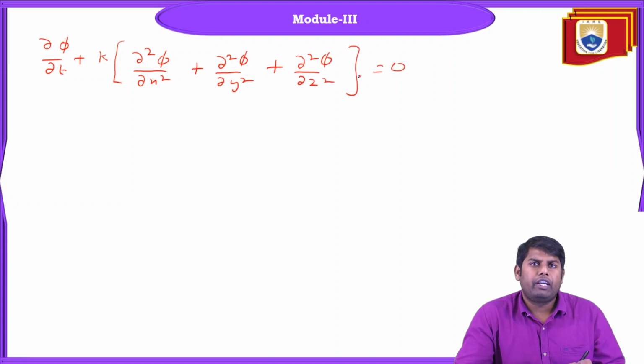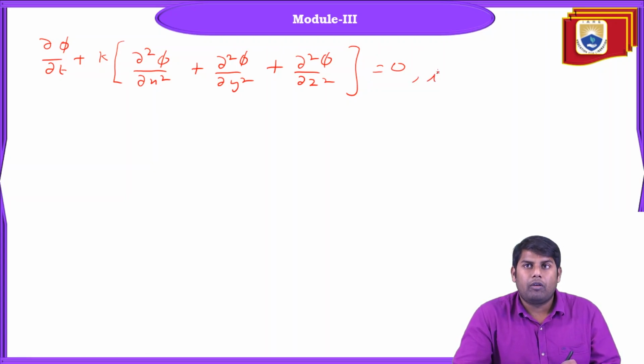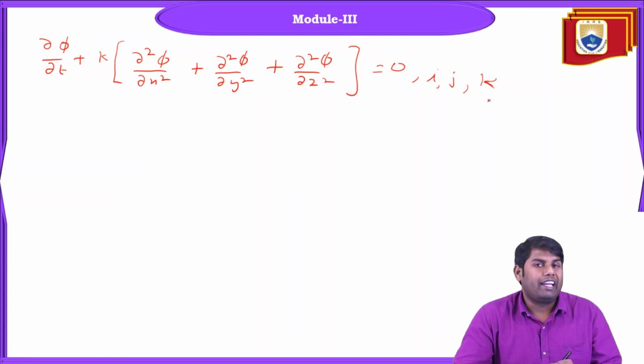So how do we solve this equation? Initially we had i comma j. Now one more index k has come. That is the difference. So we need to specify i comma j comma k.